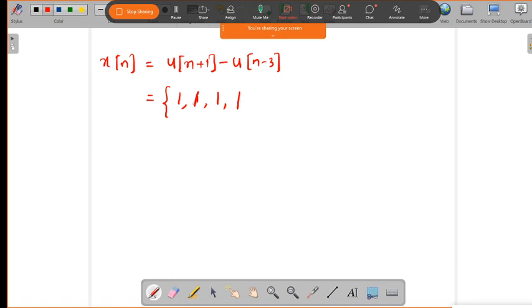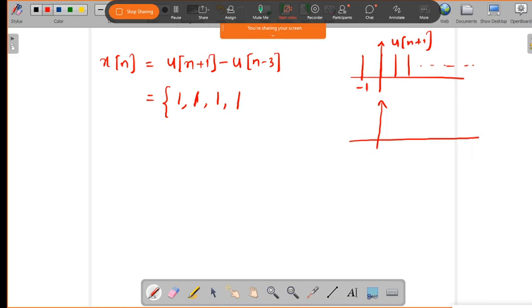Since u of n plus 1 starts from minus 1, it will have sequence values like this up to infinity. This is your u of n plus 1, and similarly, for u of n minus 3, what will you get?